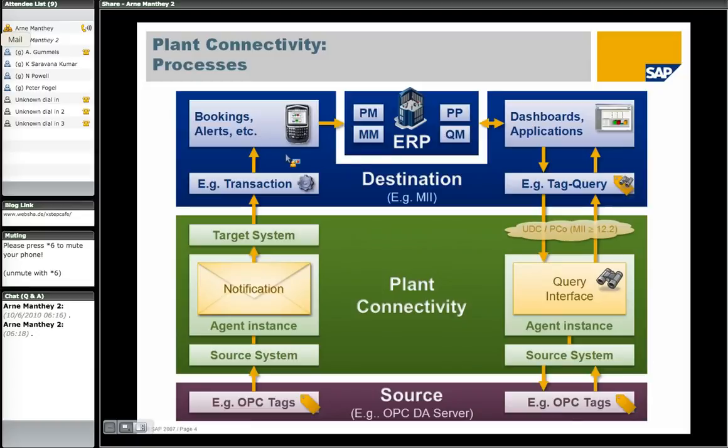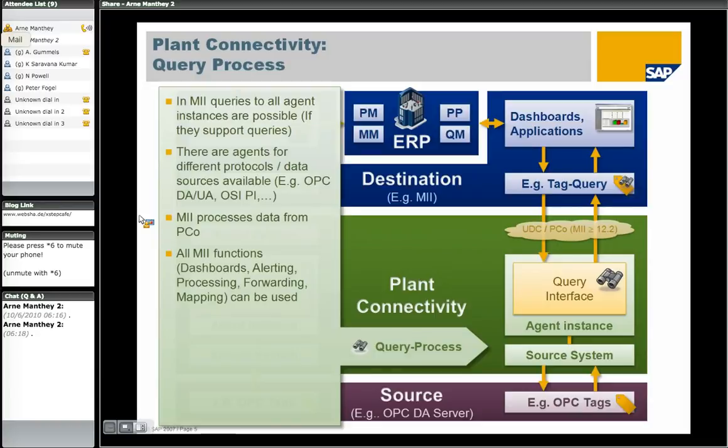So what are the different processes that are supported with PCo? The first is the query process. That's a bidirectional process, which is usually triggered by a system like, for example, MII. You have a tag query. You want to look up certain values, or you want to write certain values, and then you can call that query.